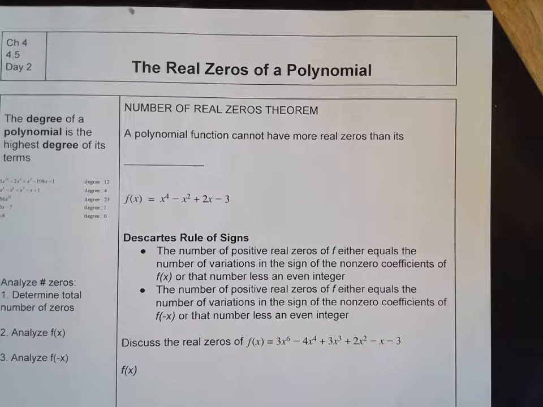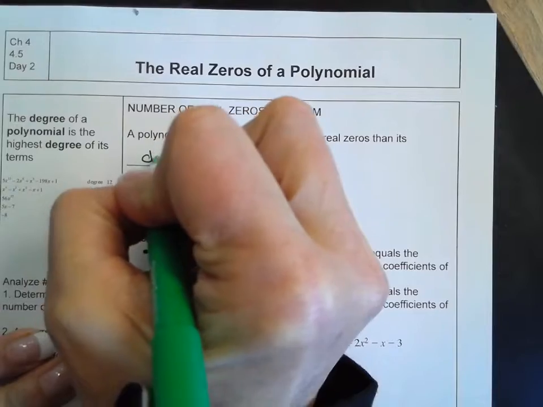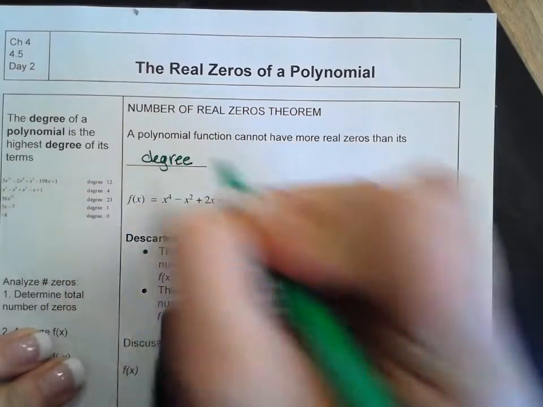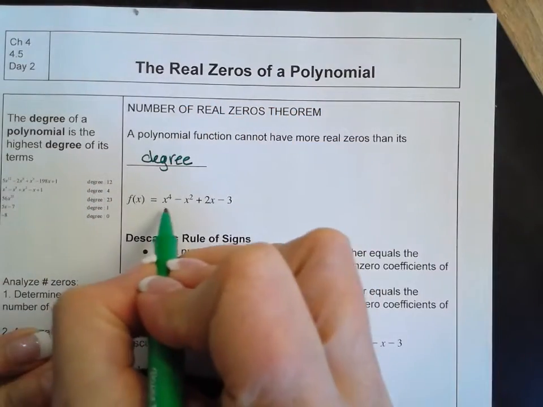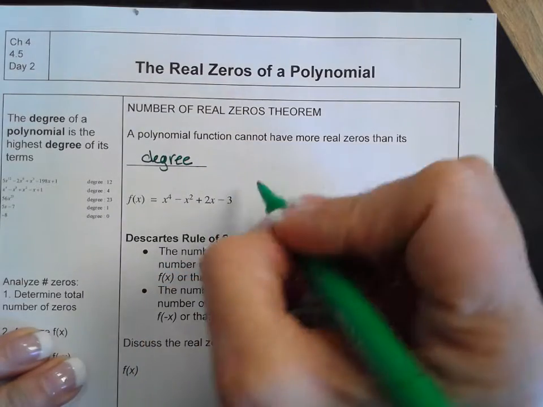A polynomial cannot have any more real zeros than its what? What correlates how many roots it has to its exponent's degree? Okay. So this is the highest degree.